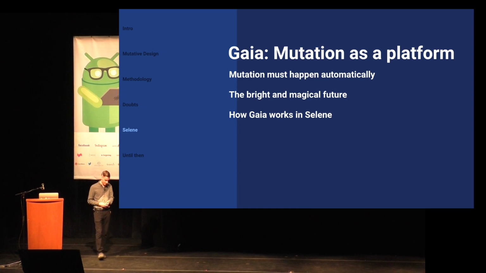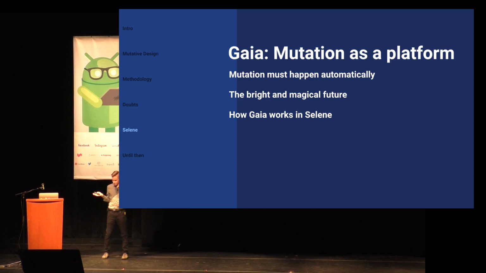So the bright and magical future, which is how I think Gaia could work in the future, would be a piece of the framework that basically is a broker for mutations and their success rates. So it would contain the instructions for different elements to mutate, and then it would give those instructions to the UI elements in each app, and then the apps would report back the success rates.